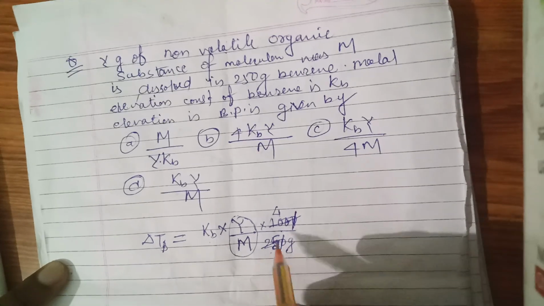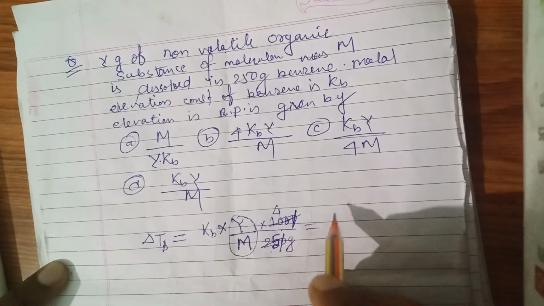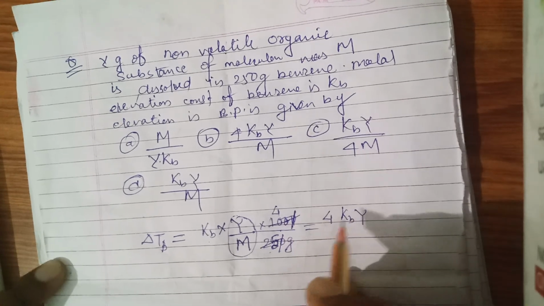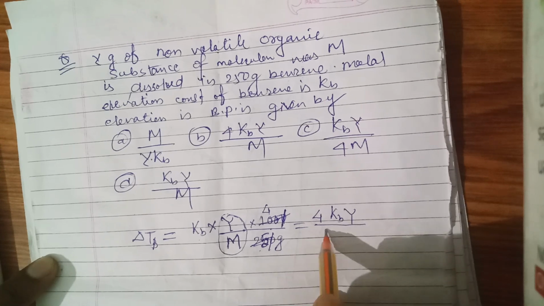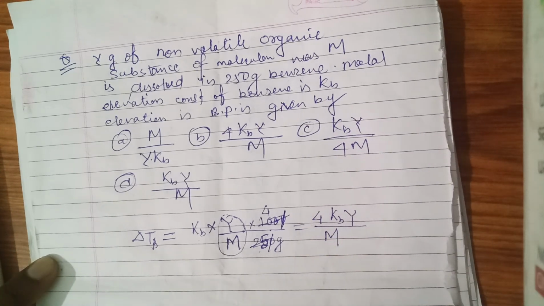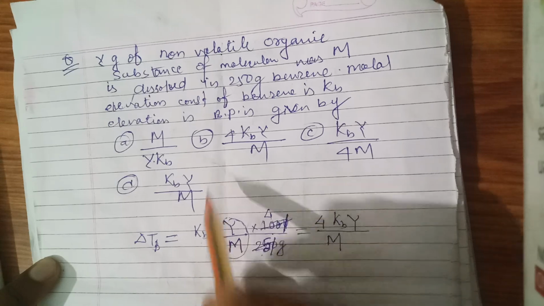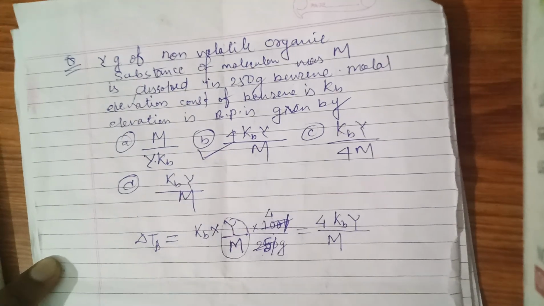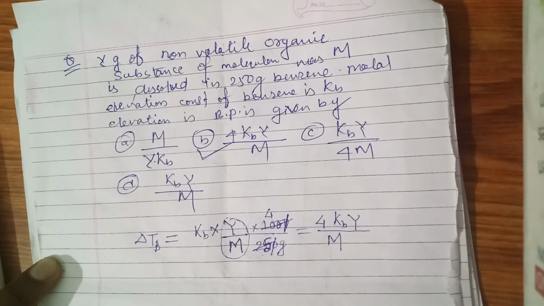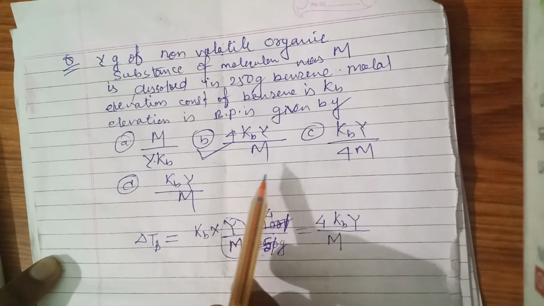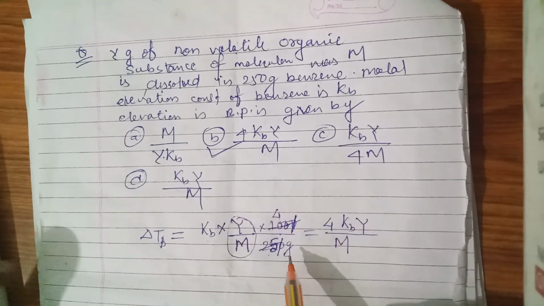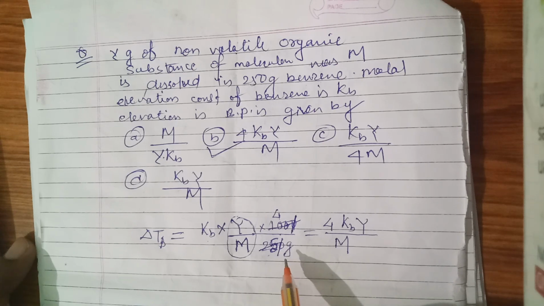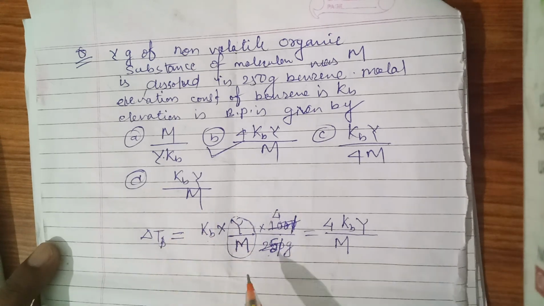So we can calculate that delta Tb is 4 Kb into Y upon molar mass. So the second option is correct. In this way you can be asked in the form of variables. In another case you might be provided with some values, and you have to calculate the elevation in boiling point.